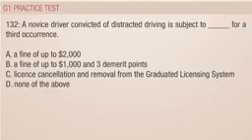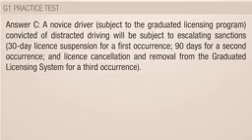D. None of the above. Answer C. A novice driver subject to the graduated licensing program convicted of distracted driving will be subject to escalating sanctions: 30-day license suspension for a first occurrence, 90 days for a second occurrence, and license cancellation and removal from the graduated licensing system for a third occurrence.